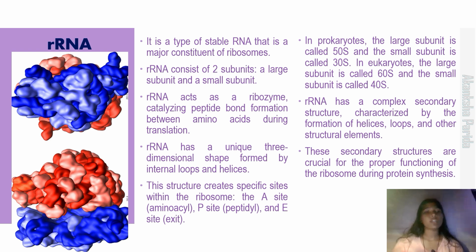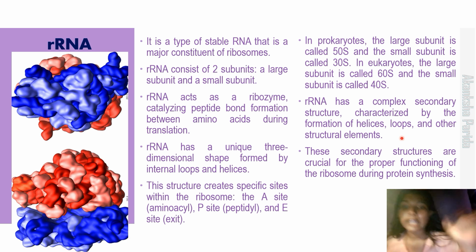If we talk about the large subunit, eukaryotes have 23 Svedberg, 28 Svedberg, and prokaryotes have 23 Svedberg. So rRNA has a complex secondary structure characterized by formation of helices, loops, and other structural elements.